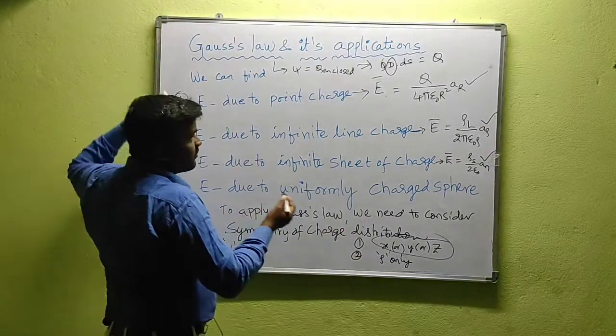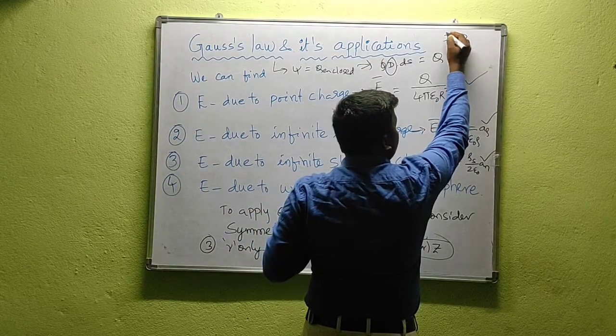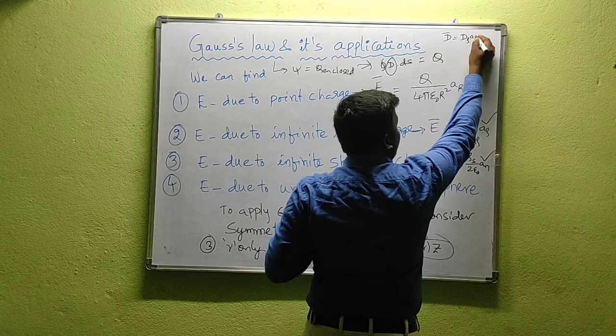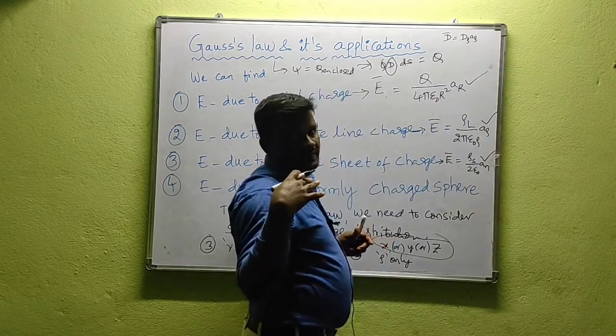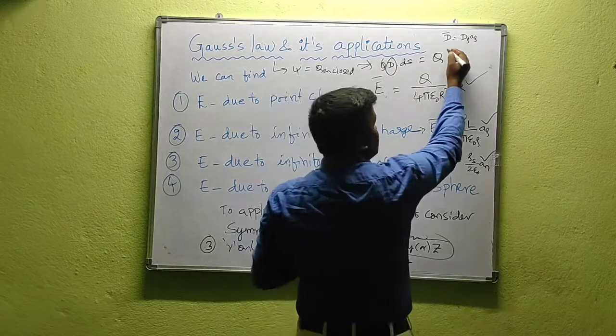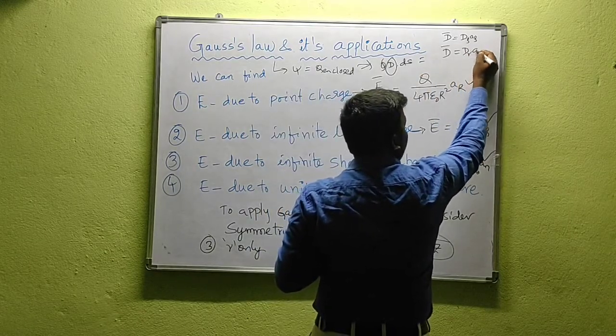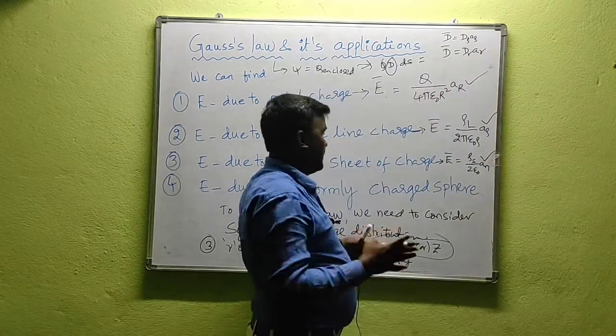If it is the cylindrical coordinate system, D should be taken like this, D_rho a_rho, normally outward. The plane should be the phi-z plane in the cylindrical coordinate system. In the spherical coordinate system, D should be taken as D_r a_r, normally outward, radially outward.